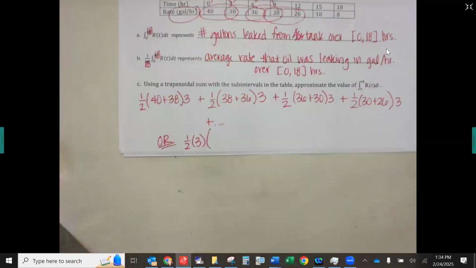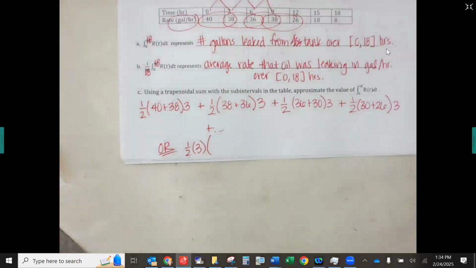Then you're only going to add the y values, but this is really important. This is different from Riemann sums. When you add the y's, 40 is only in there once, but 38 is in there how many times? Twice, because I had to reuse it. Same thing with 36 and 30, they get used twice. The only ones that won't get double counted are the first one in the table and the last one. Everybody else will be doubled.